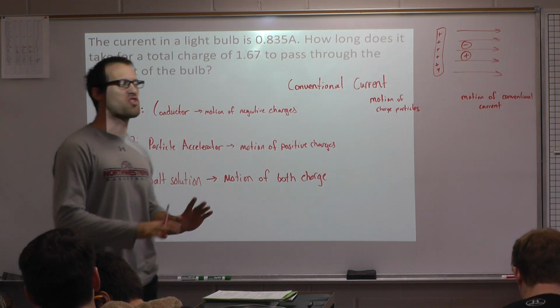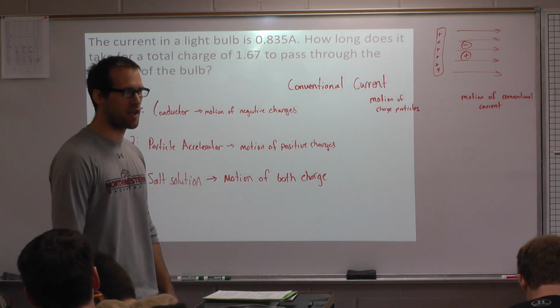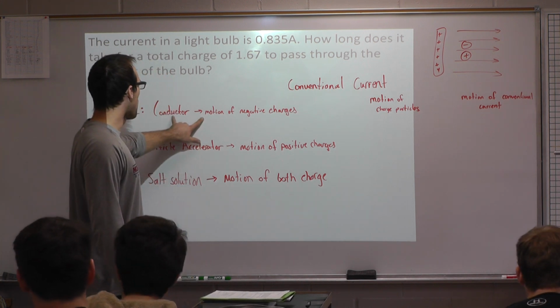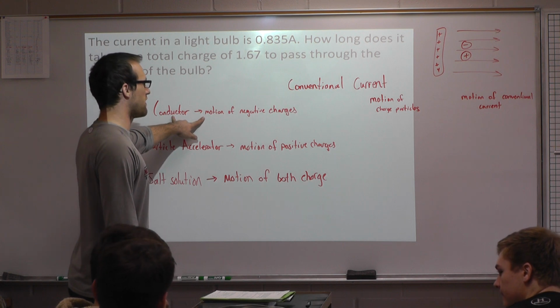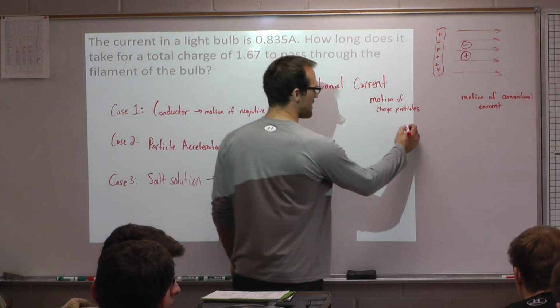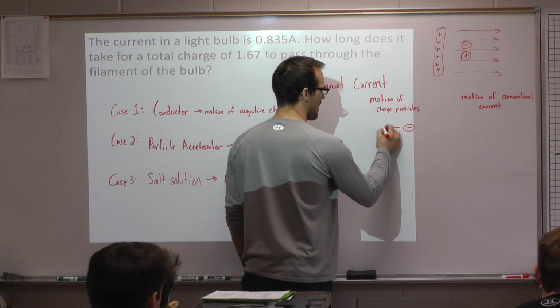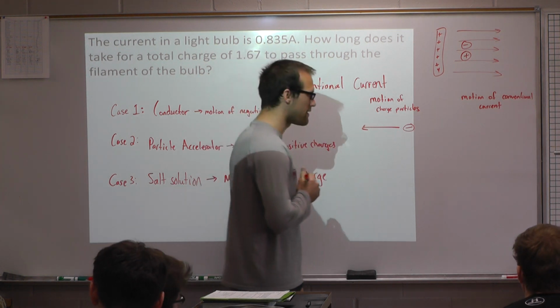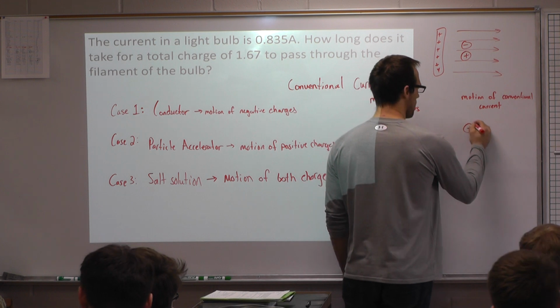Guys, this isn't overly difficult to understand. I think you'll understand it as soon as I show you an example. A conductor is the motion of negatively charged particles. So if I have a negatively charged particle that goes that way, conventional current says that it goes the other way.